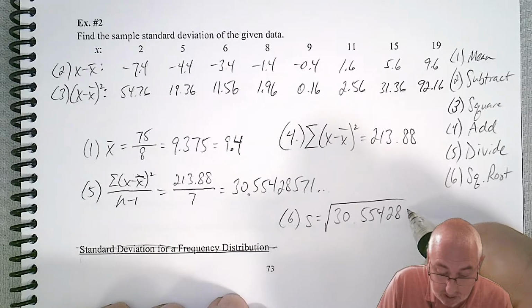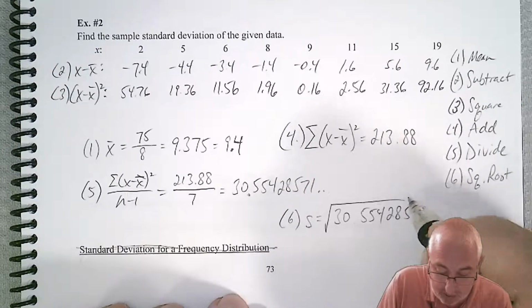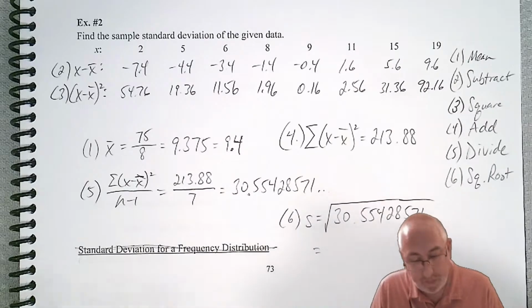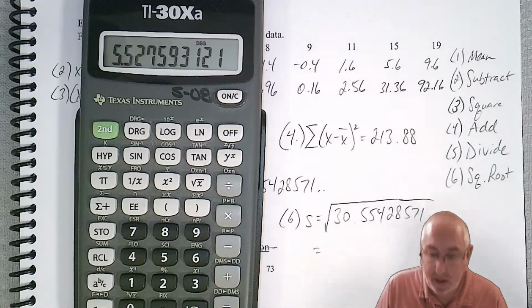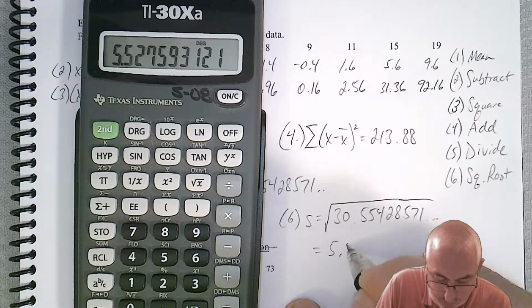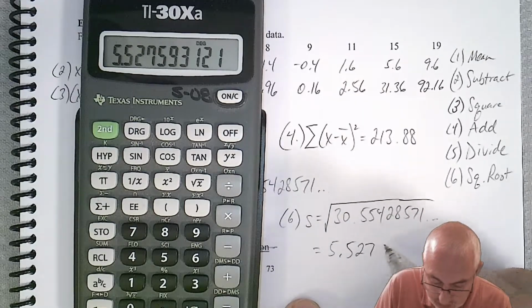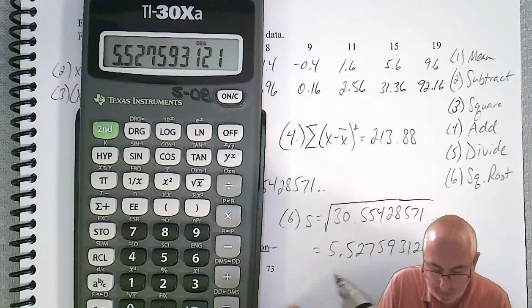So I'm going to take the square root of this for step 6. Because I didn't clear it out of my calculator, it's still there. All I have to do is hit the square root button, and I'm done. 5.5275932121 and so on.